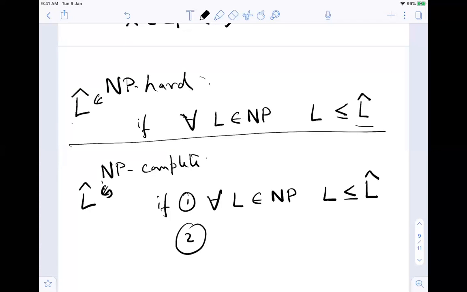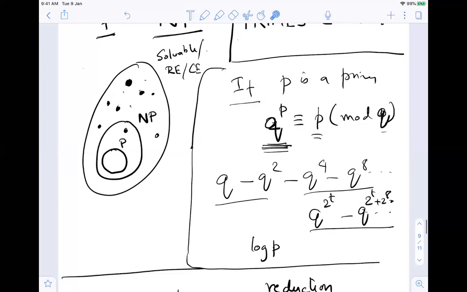And second, L hat must itself be in NP. So NP hard and NP complete are just a little bit off. A problem which is NP hard and which is also in NP is called NP complete.